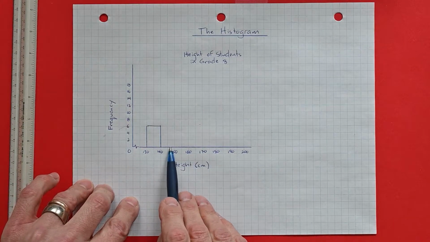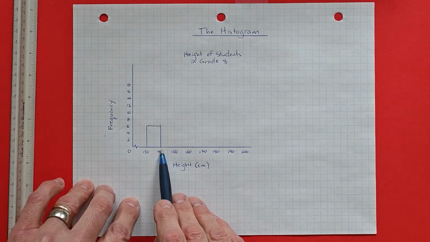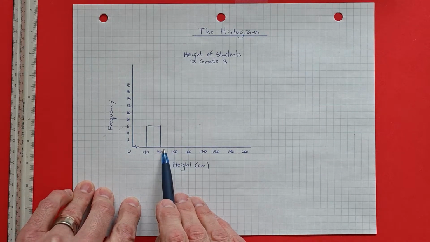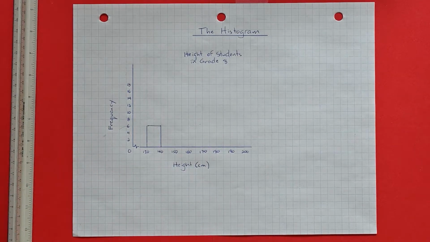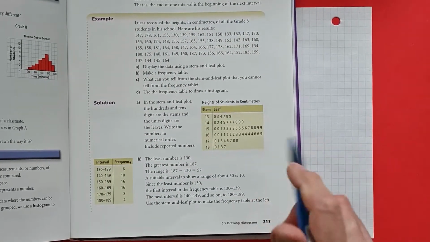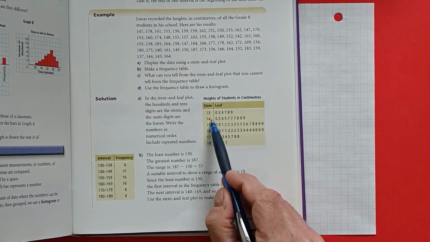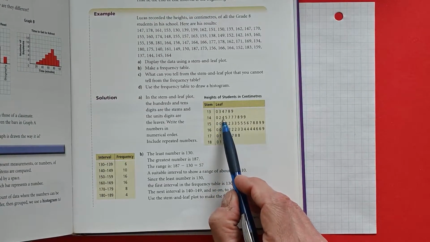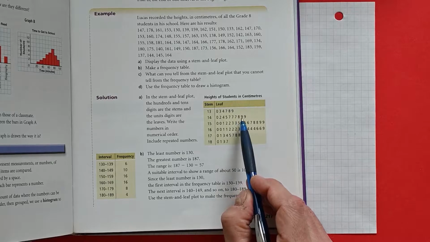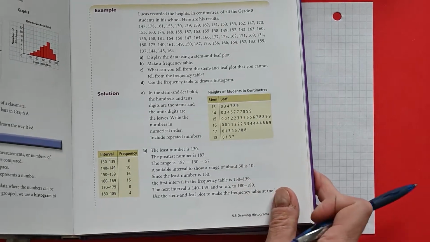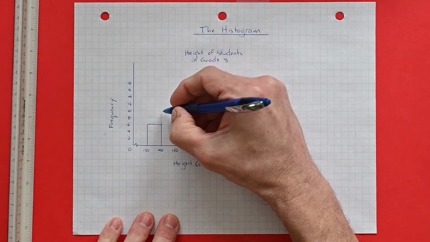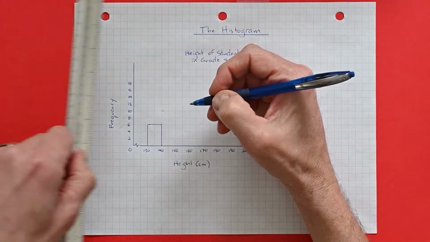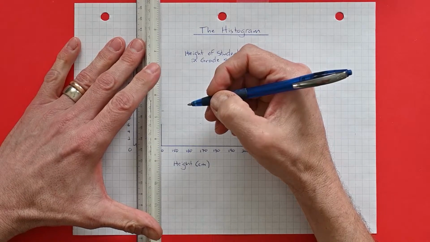Then the next bar is everybody at 140 and higher, up to but not including 150. Let's look back at our stem and leaf plot. The people in that interval are 1, 2, 3, 4, 5, 6, 7, 8, 9, 10 students. So I will now go up as high as this, and we can draw that next one in.